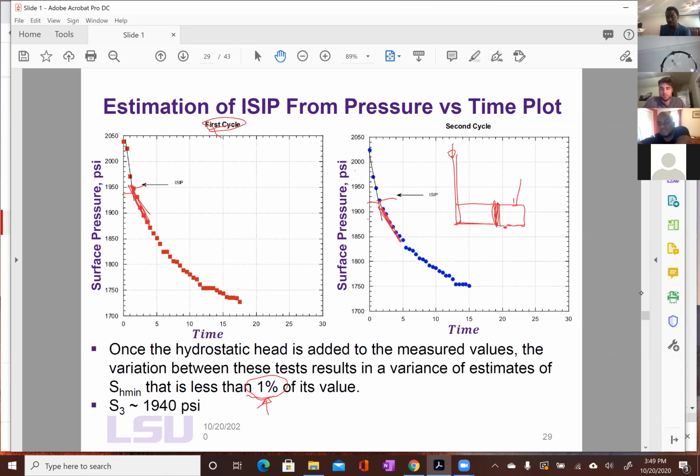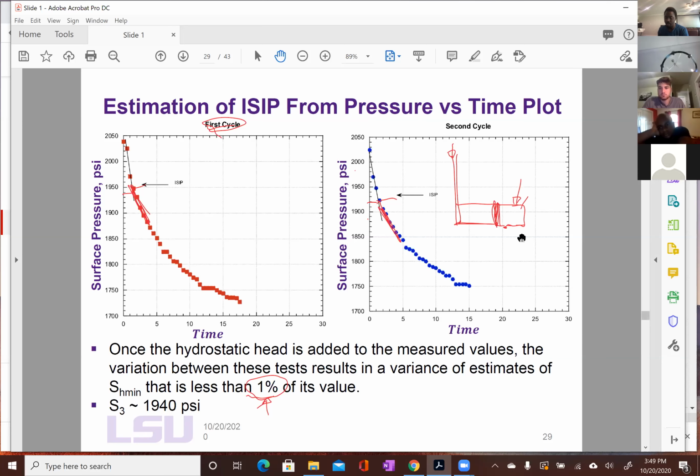To propagate the fracture deeper into the formation, yeah, then you have to incur the fracture propagation pressure again, right? So you will have to overcome S3. So you can use it to get S3 again. And the results will not be very different from the previous one.